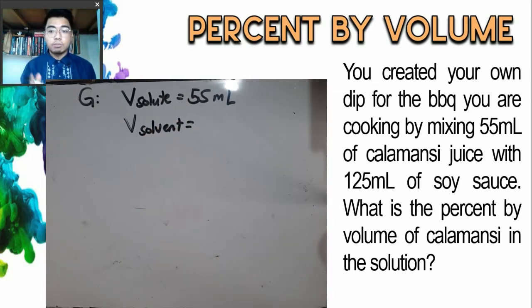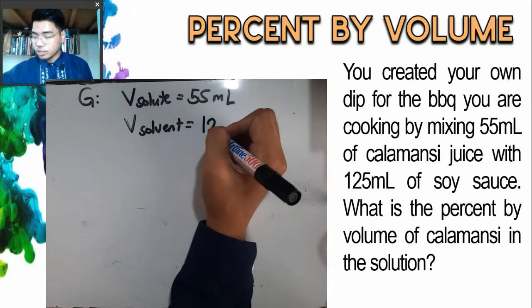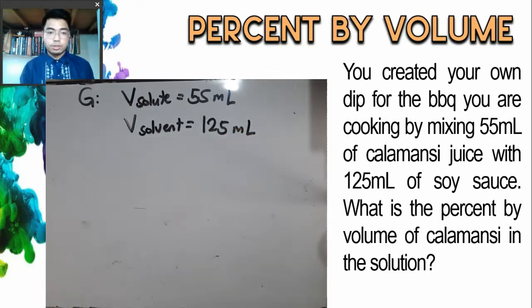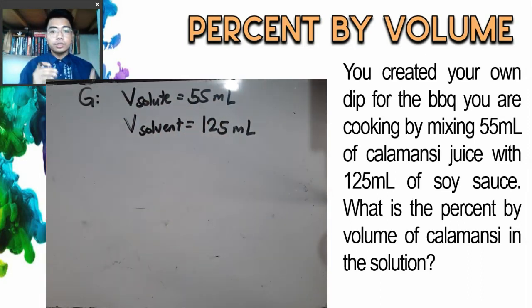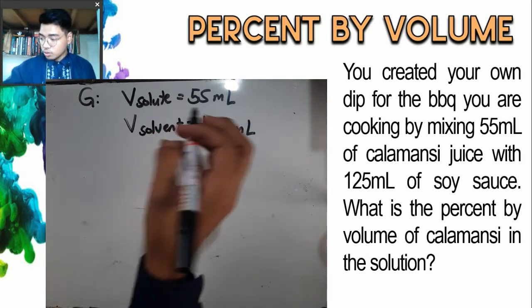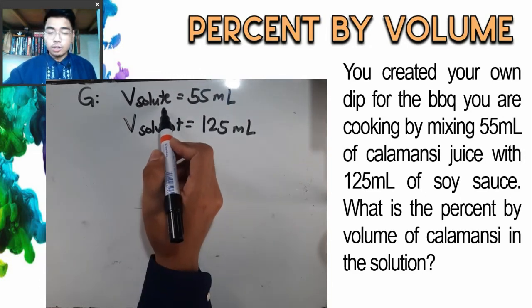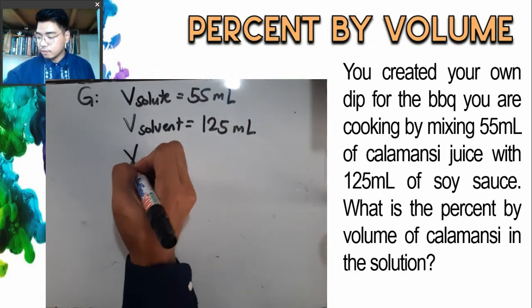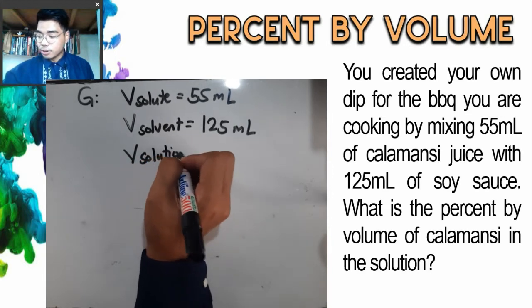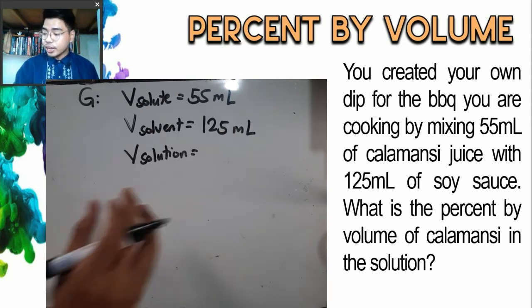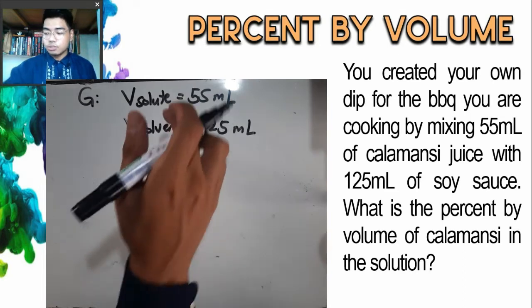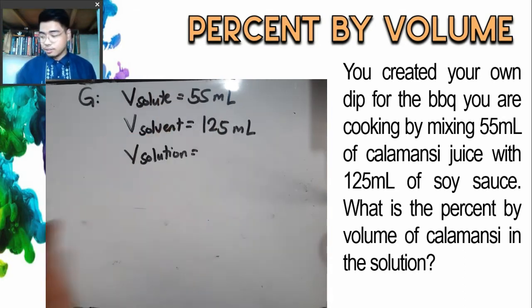And the volume of the soy sauce is equivalent to 125 milliliters. Okay? So, based on the given, there is no definite volume for the solution. So, what we are going to do here is add the values of the volume of the solute and the volume of the solvent for us to get the volume of the solution. Because remember, solution is the combination of solute and solvent. For you to get the volume of the solution, you need to add the volume of the solute and the volume of the solvent. Okay?